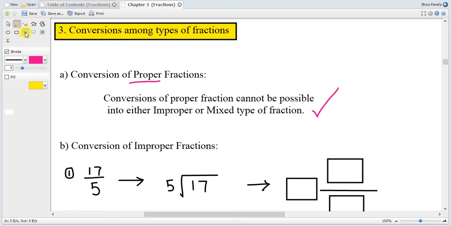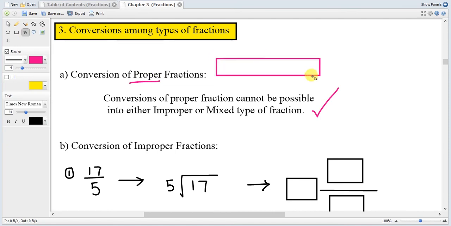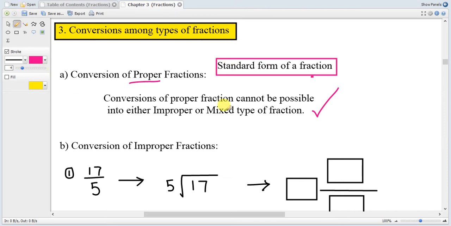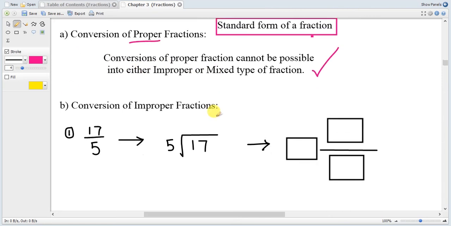Because a proper fraction is basically a standard form of a fraction. It's already written in standard form.